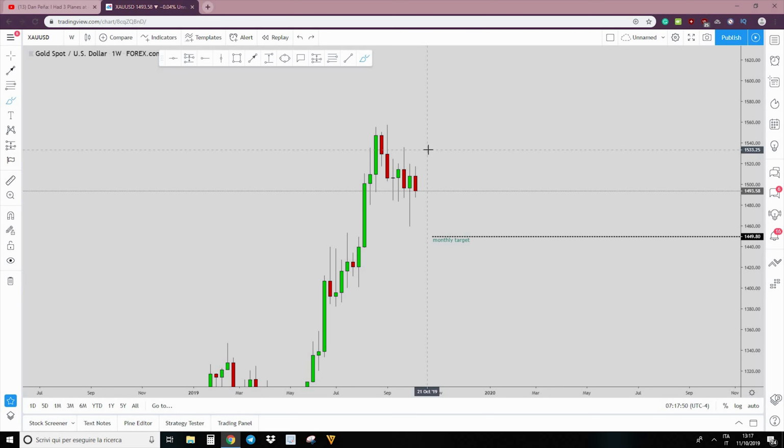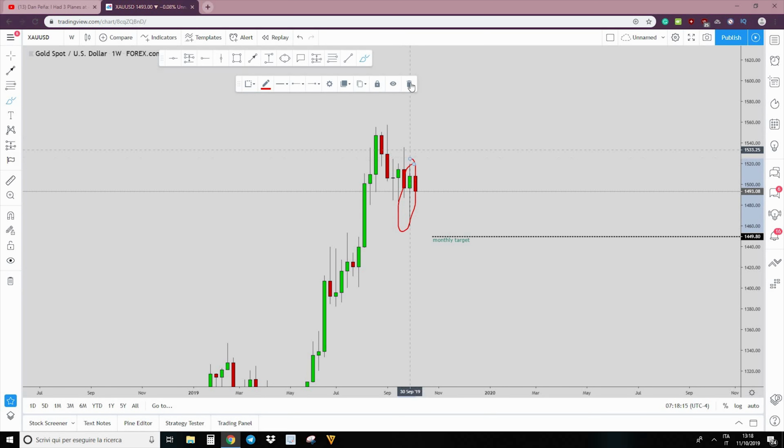But we also need to look at what's going on the daily time frame. I will show you now why on the daily time frame we didn't really expect continuation to the upside, because we had strong resistance. But at the moment, let's speak about what's going on now. At the moment we had this strong rejection, but overall, as I will show you on the daily time frame, we can expect continuation to the downside as the monthly target hasn't been hit yet.